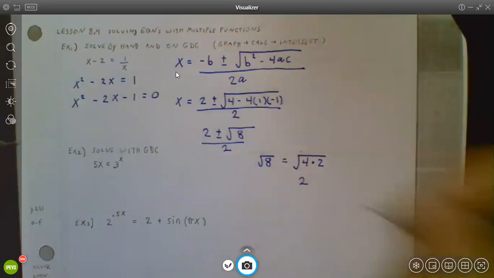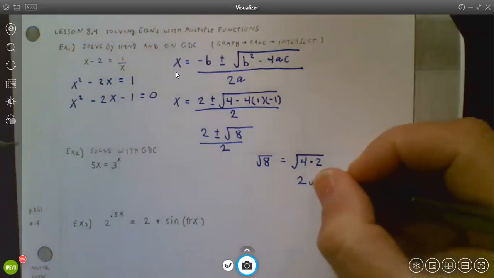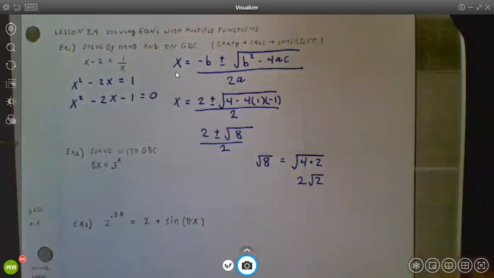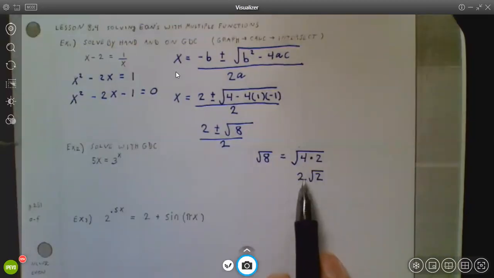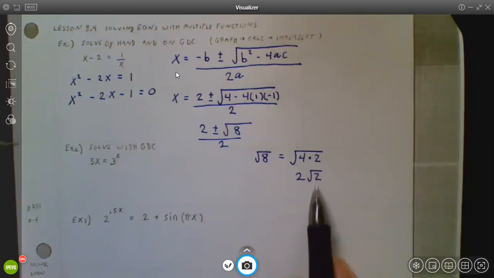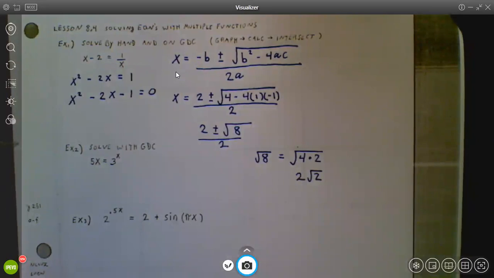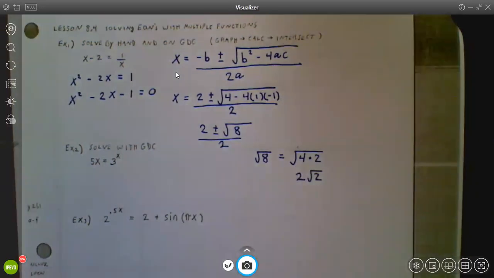The square root of 4 is 2. But this guy that's not a perfect square has to stay under that radical. He can't be simplified. So I'm taking the square root of 4 to just be 2, and then my non-perfect square is going to stay as a radical because he's not a perfect square. So that's one way to simplify it, is to look at the perfect square and the non-perfect square and simplify the perfect square portion of it.